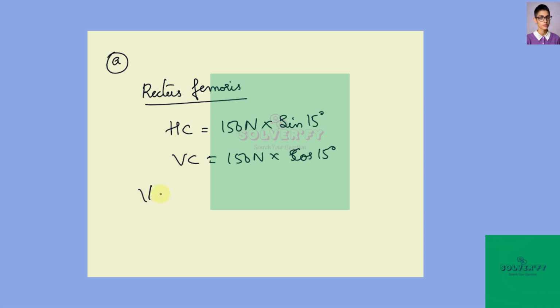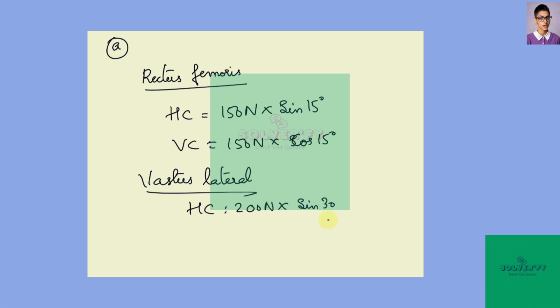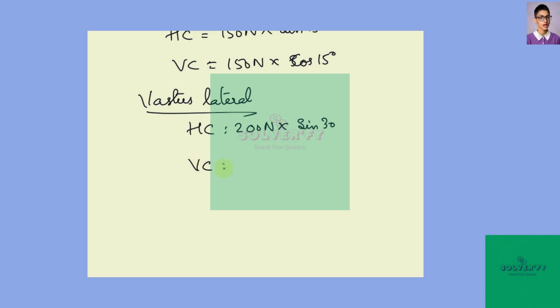Now the next muscle is the vastus lateralis. Here the horizontal component is 200 Newton into sine 30 degree and the vertical component is 200 Newton into cos 30 degree.